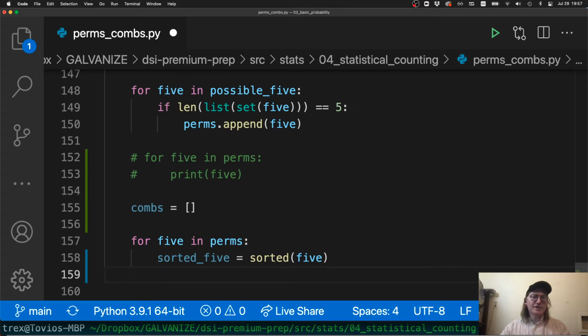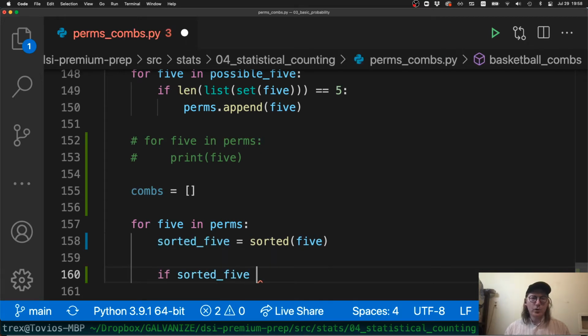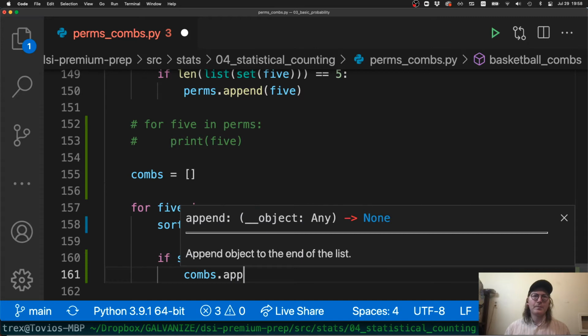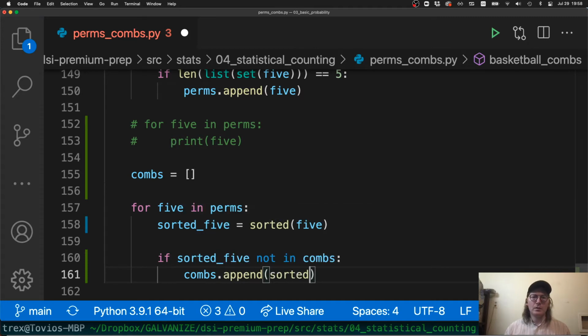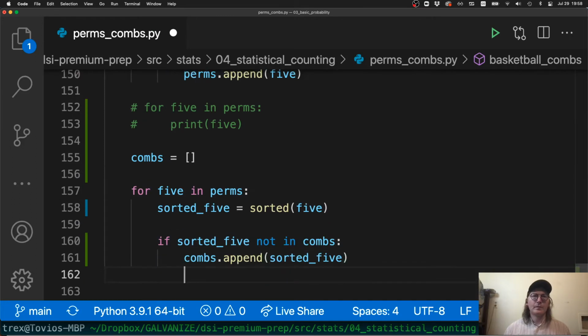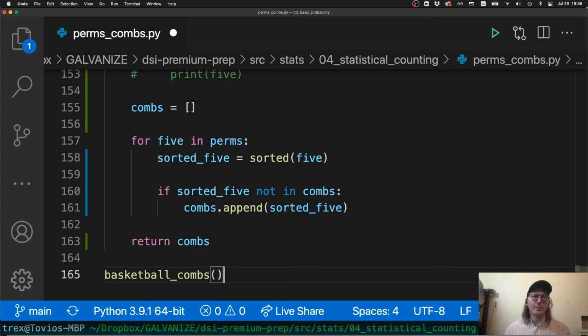And in that case, I can check to see if that sorted 5 is already in our combinations. If it's not, then I can append the sorted 5 to the combinations. And that's it. We can return the combinations at that point.